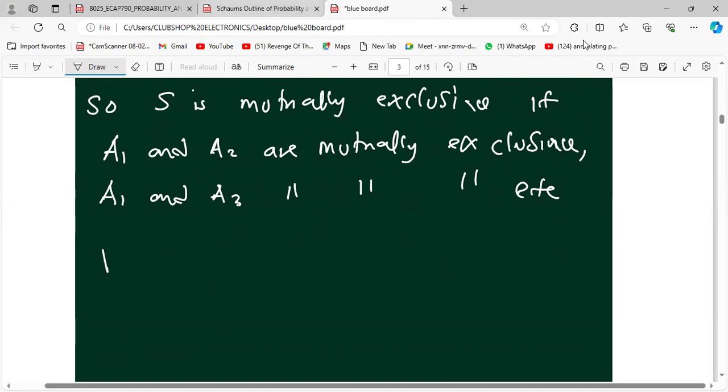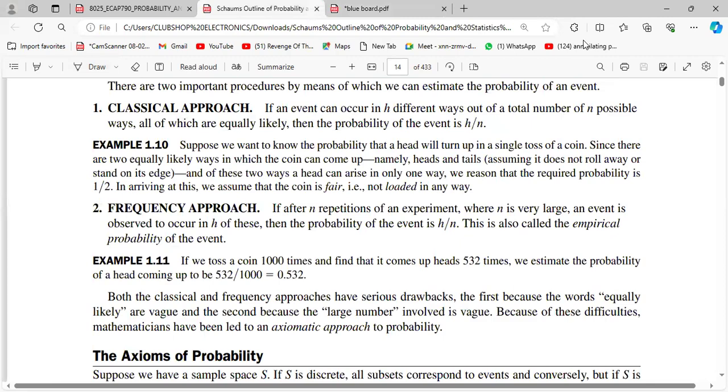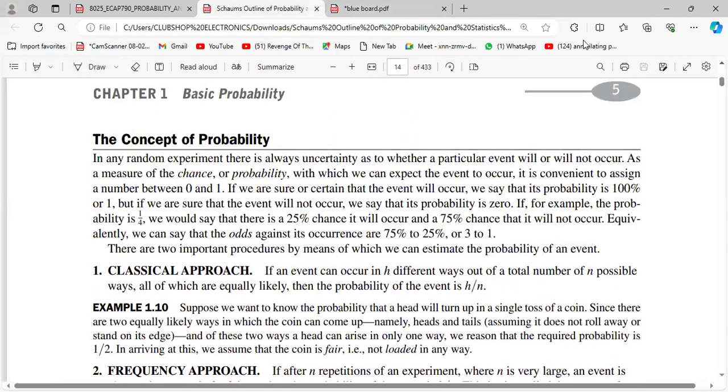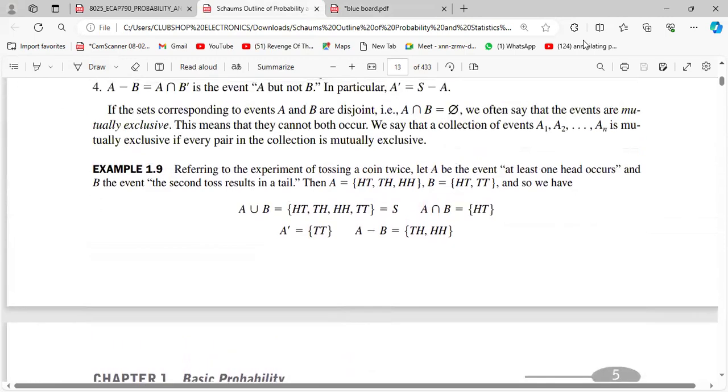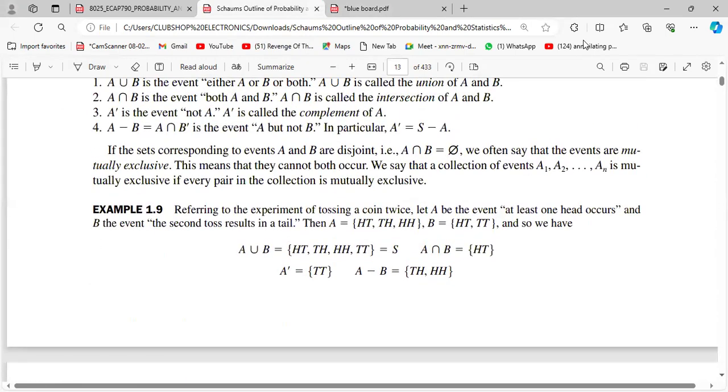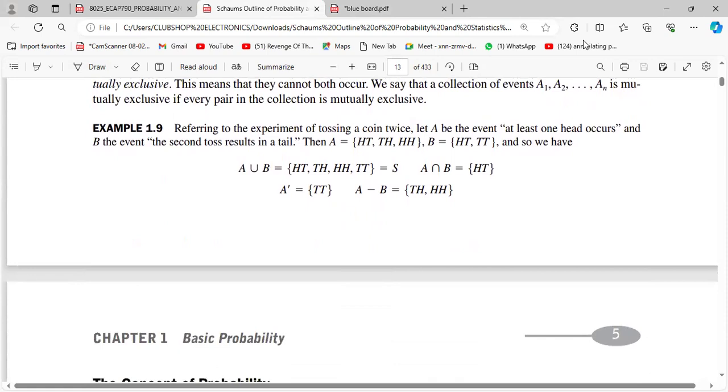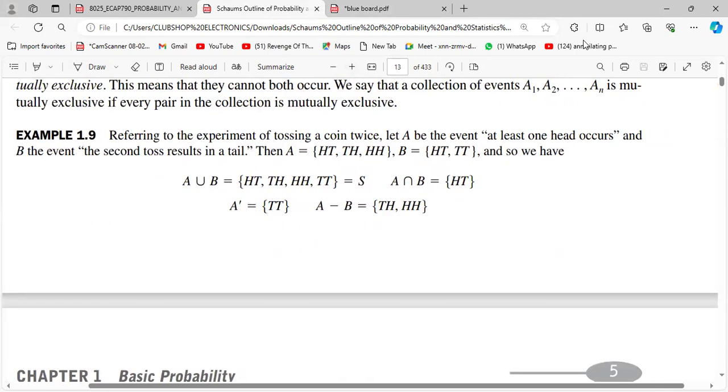Example 1.9 in this book, which is here. We are saying if we toss a coin twice, by a tree diagram, we are going to have head, tail, or if you want, this is 1 and this is 0.